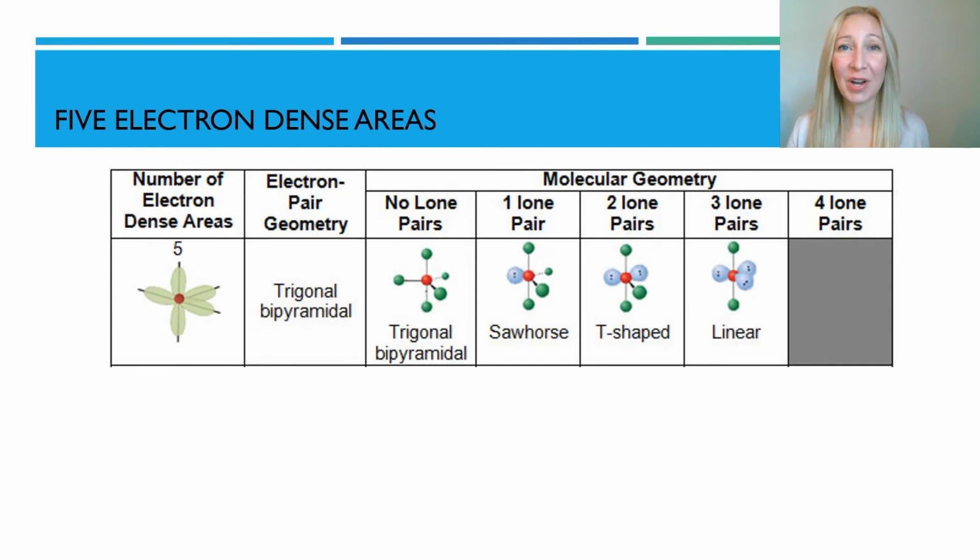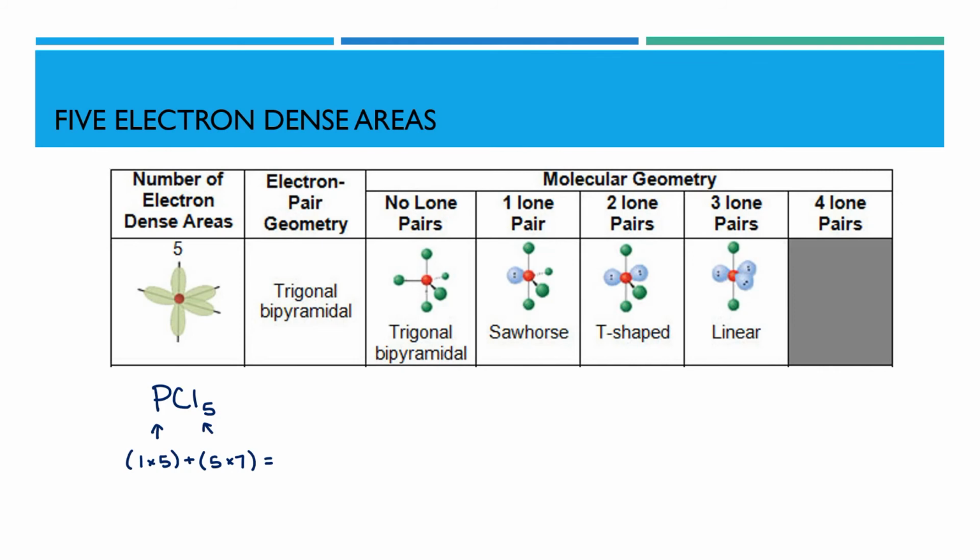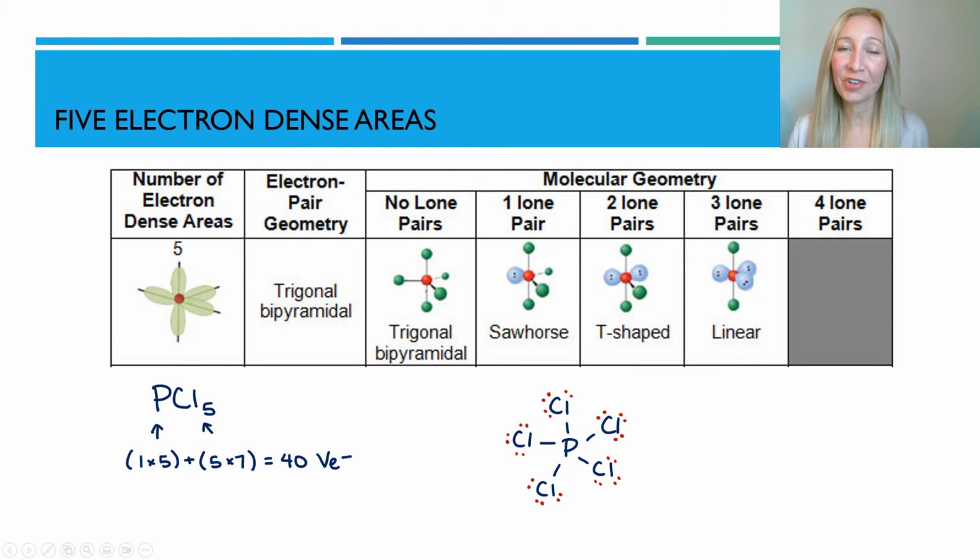Now I would like you to draw the Lewis structure for PCl5. Hopefully your Lewis structure looks something like this. And this is really where the 3-dimensional and 2-dimensional structures will differ from each other.